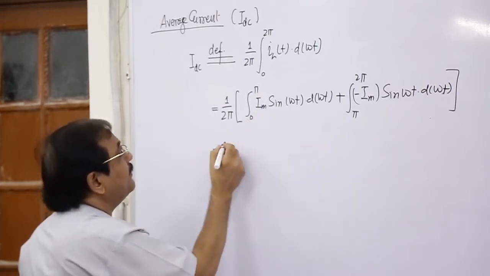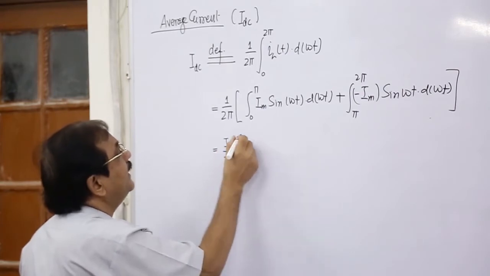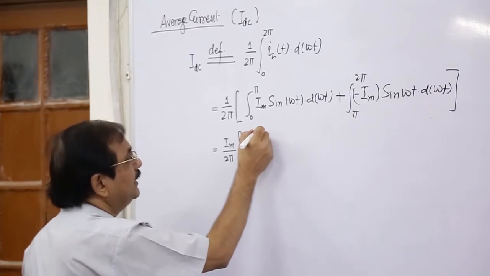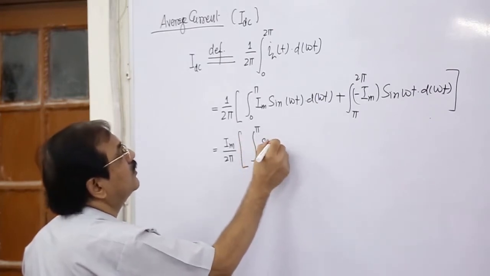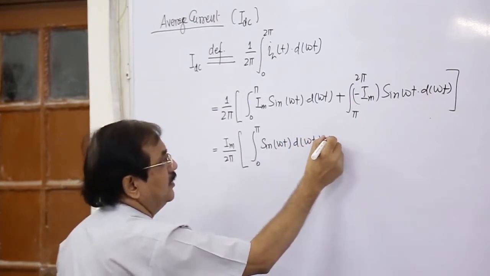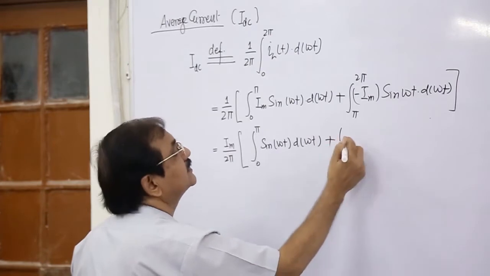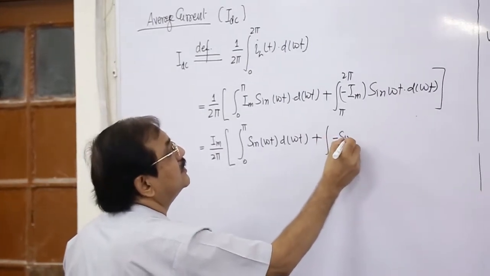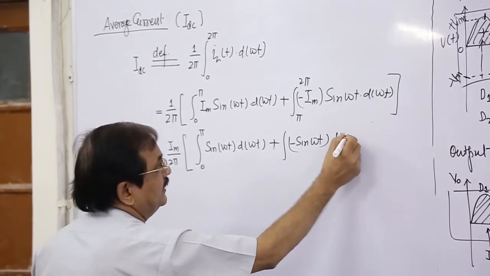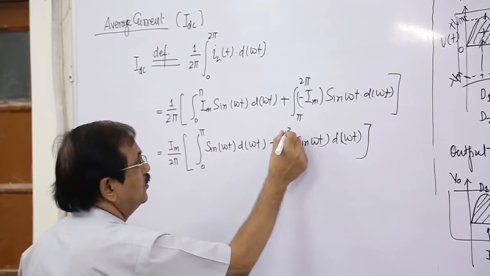So, Im is common, so we take Im upon 2 pi outside and then integrate 0 to pi sin omega t d omega t plus, or you can say minus sin omega t d omega t from pi to 2 pi.